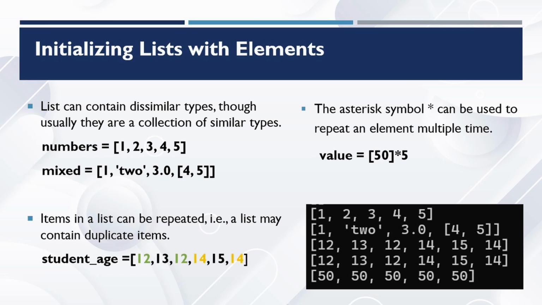For instance, the list student age contains 6 elements, with repeated values like 12 and 14. Thus, duplicate values are allowed in a list. Additionally, we can use the asterisk symbol to repeat an element multiple times. Here in this example, the list named value stores the number 50 5 times, creating a list like this.